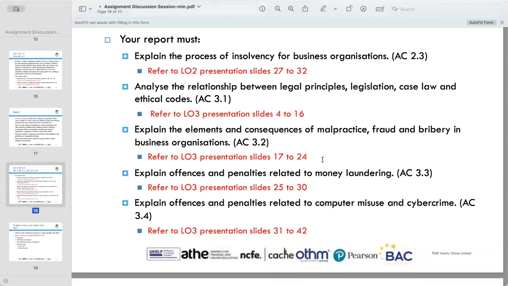So you guys explain about fraud, explain the elements and consequences of fraud, discuss the intentional deceptions for financial gain and the legal consequences for individuals and organizations.